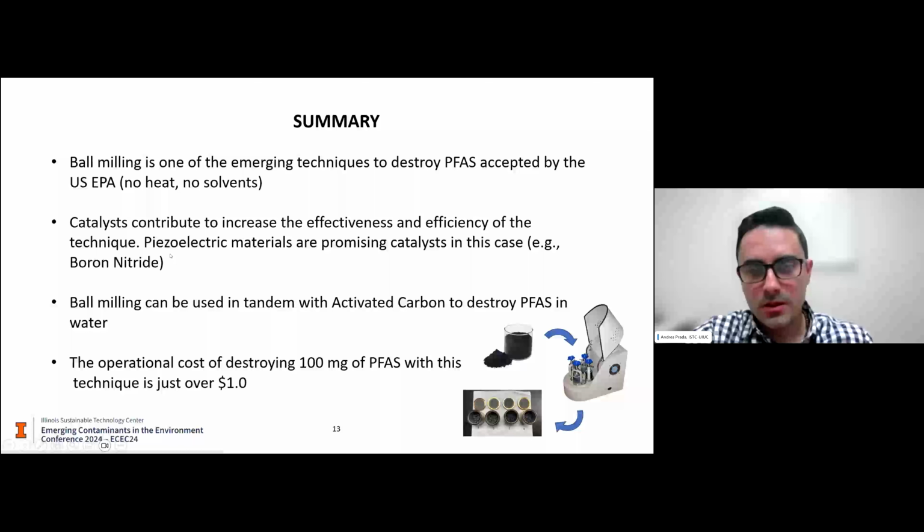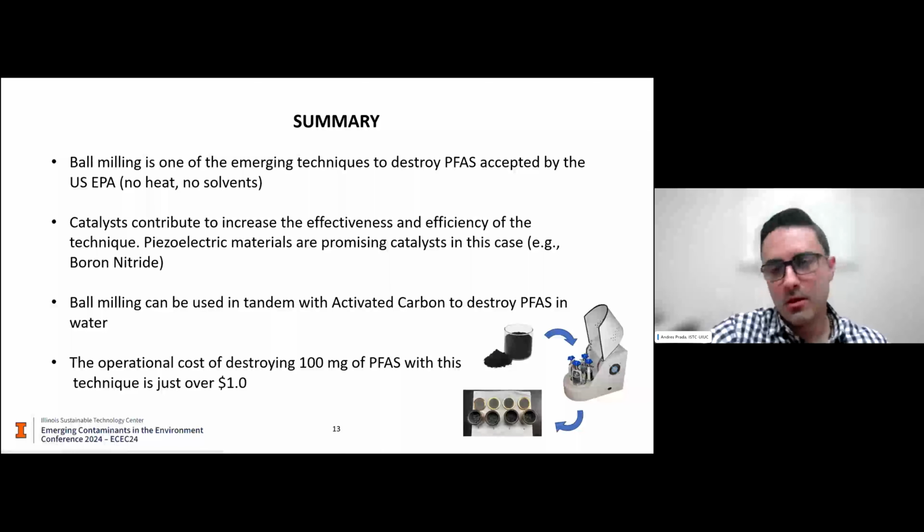My plan is to test other piezoelectric materials, to find one that can be more powerful than boron nitrate. So we can use ball milling in tandem with activated carbon to destroy PFAS in water, which is great. And the operational cost, for example, to destroy 100 milligrams of PFAS is just over $1.